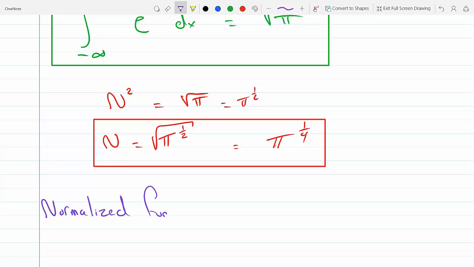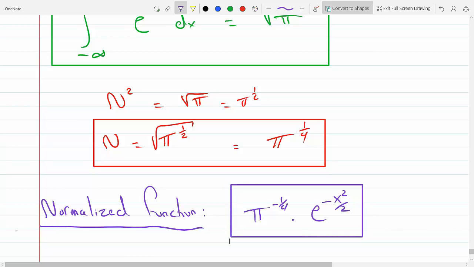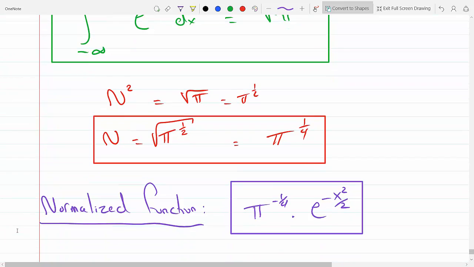We were trying to integrate e to the minus x squared over 2. So this would be the normalized function. You see how you integrate e to the minus x squared? That's how you do it.